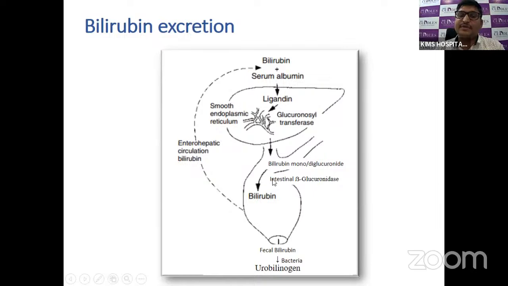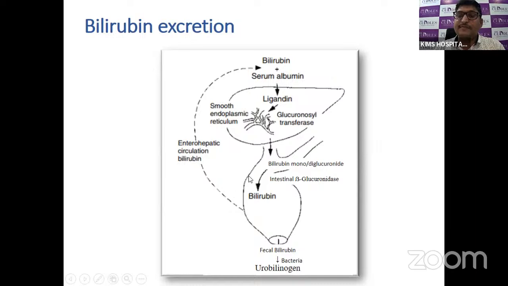In the intestines, the bilirubin undergoes serial transformation with the help of intestinal bacteria. Okay, from here most of the bilirubin undergoes irreversible transformation into products which are excreted into the feces, and some of them, which are water soluble, are reabsorbed and excreted into the urine.